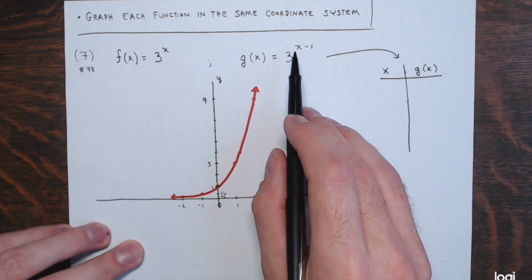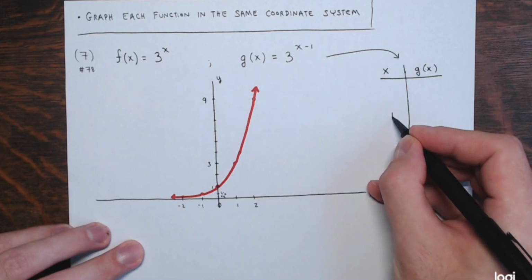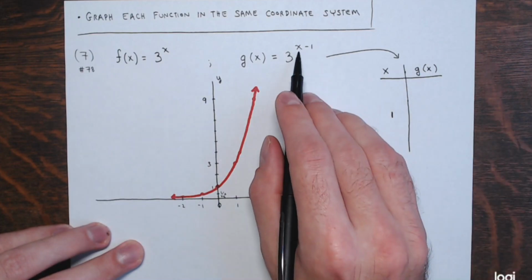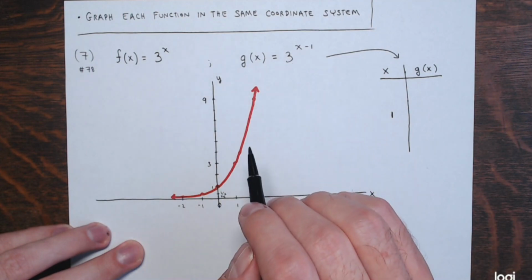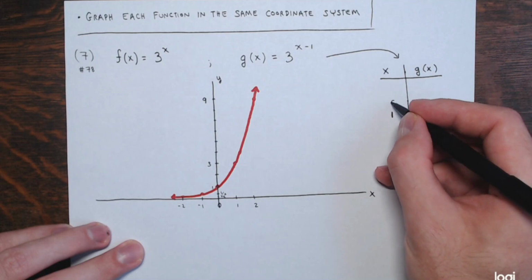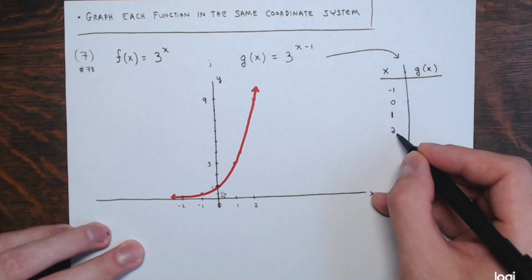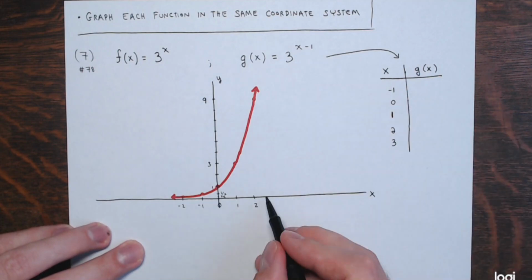Watch this. So obviously if x were 1, I'm going to put this in the middle. If x were 1, you'd have 3 to the 0. 1 minus 1. And then I'll plug in 2 integers below this, 0 and -1, and going higher than 1, put in 2 and 3. So I'm going to plug in -1 to 3.